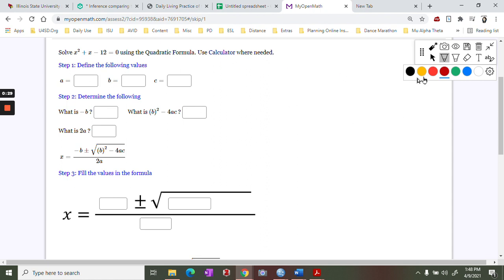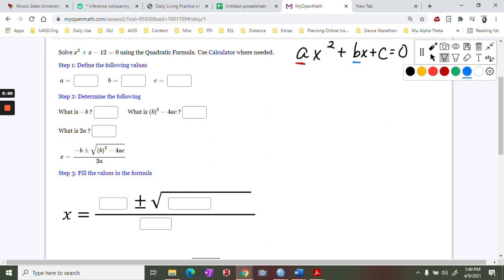Okay? So what I want to recall is that every quadratic equation in standard form has the same setup. It has the same structure. So our a is always the coefficient of x squared.